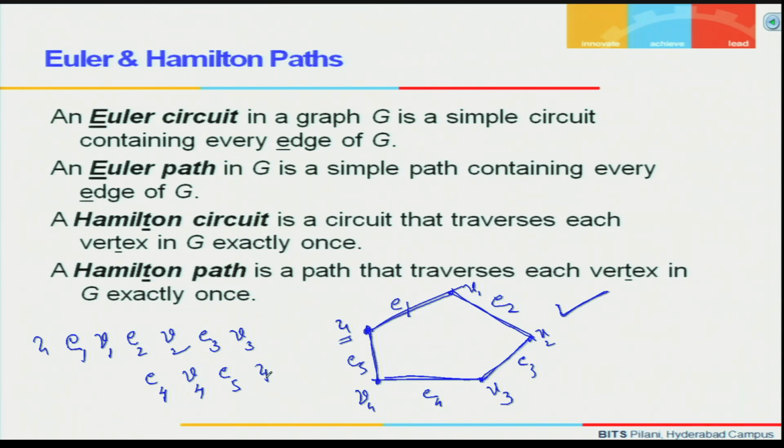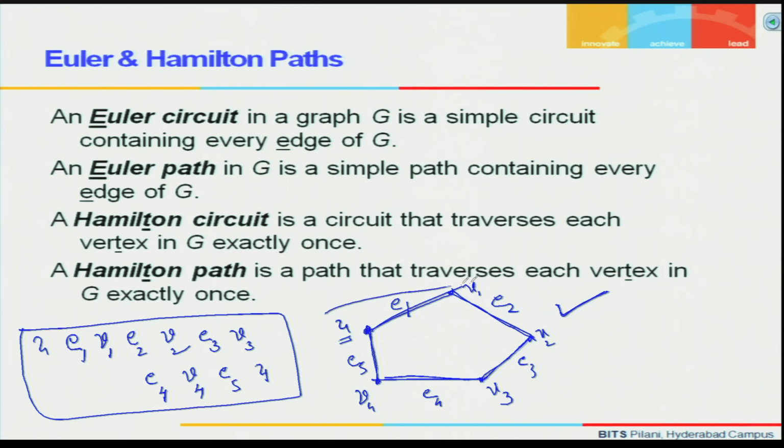If I have got such a path, this path has one special property, isn't it? All edges of this graph are there in this particular path. And this path is an interesting path because its source and destination vertices are the same, hence it qualifies to be called a circuit or a cycle.